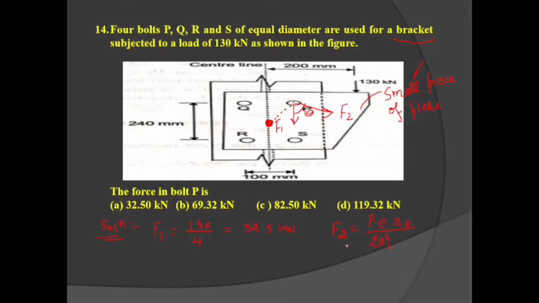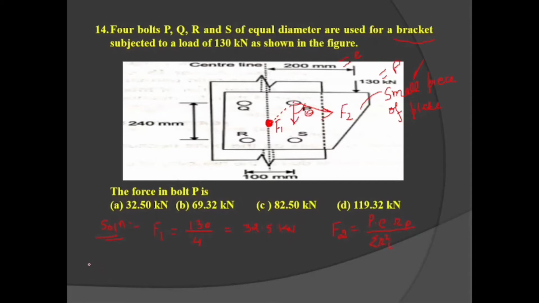So here P is 130 kilonewton. After putting in the values, P is this one, this is our eccentricity E. Radial distance for all the rivets is the same, that is this plus this whole square. So this value is 50, this value is 120.